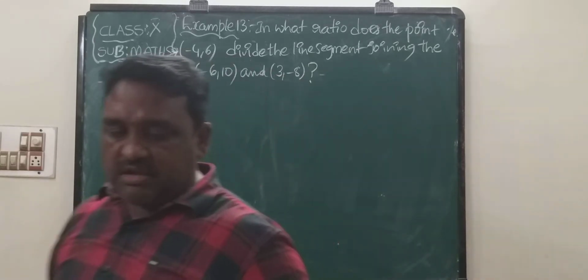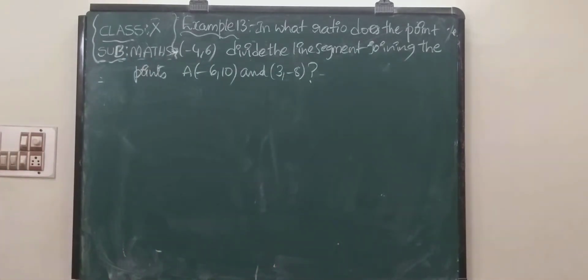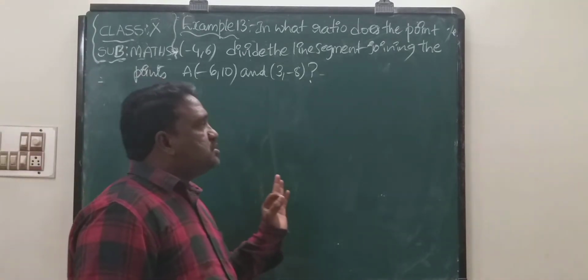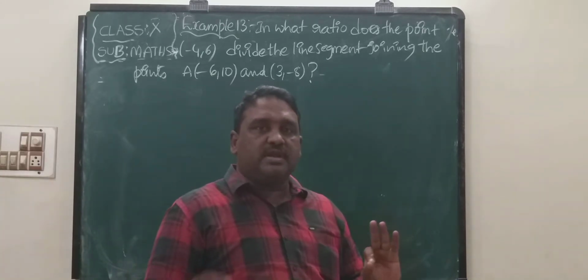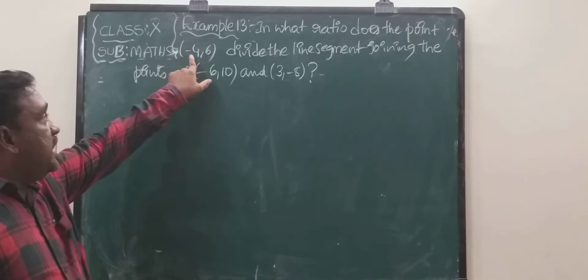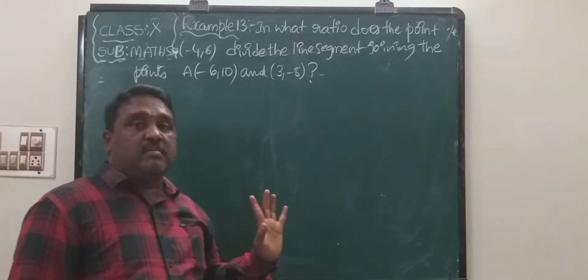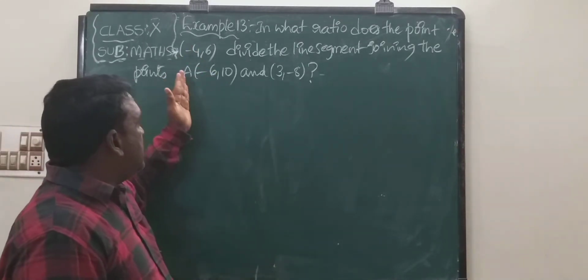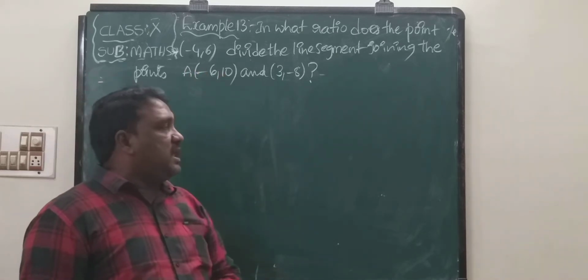So what is given in the problem? See the problem. We need to find out the ratio. First point (-4, 6). Second point (-6, 10).